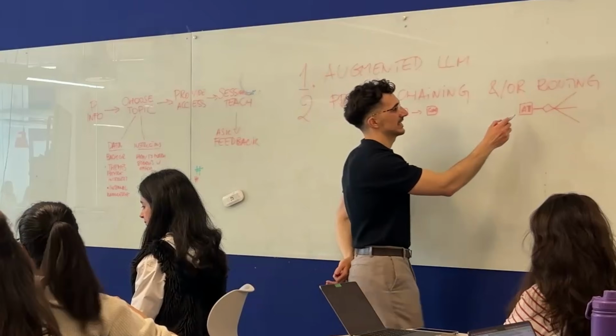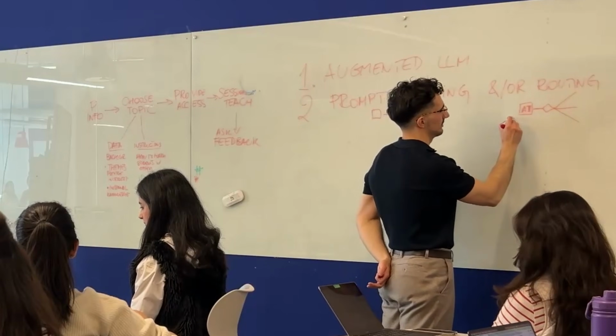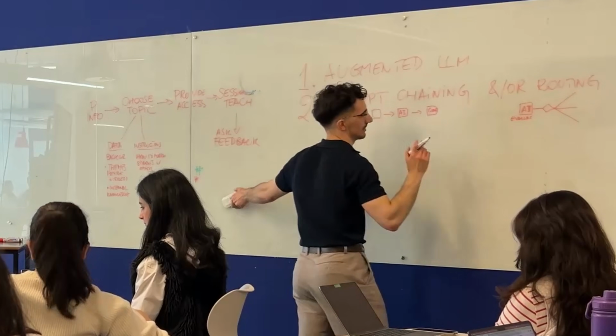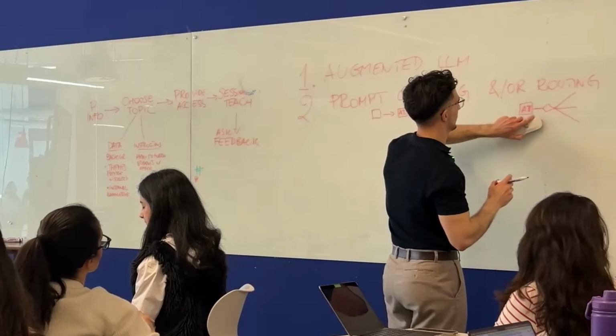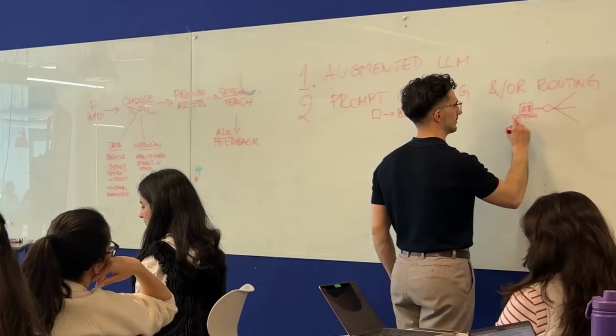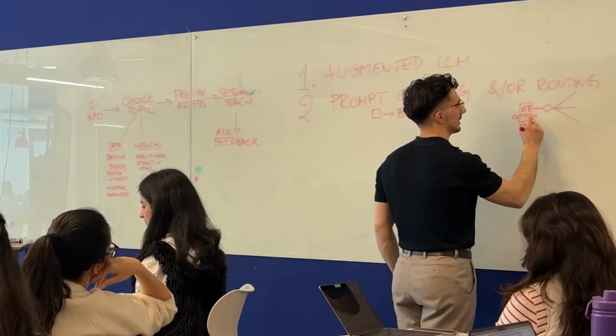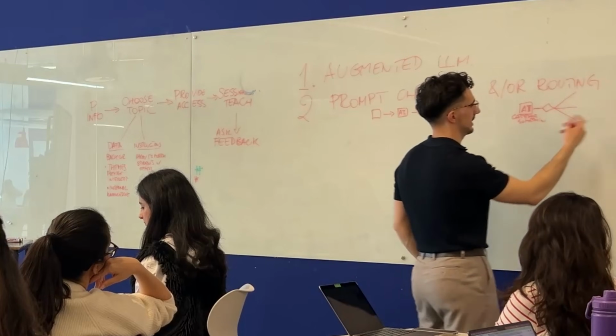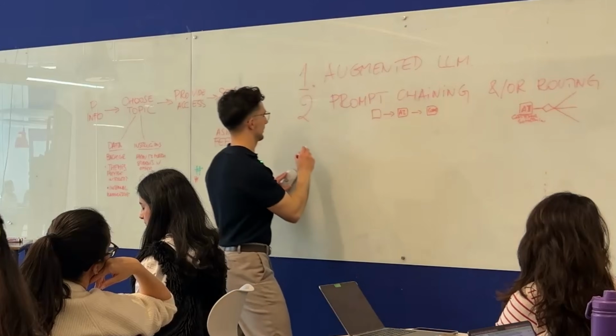I use AI, for example, to evaluate or categorize a ticket, and then based on the category, I go here and do certain things or others.